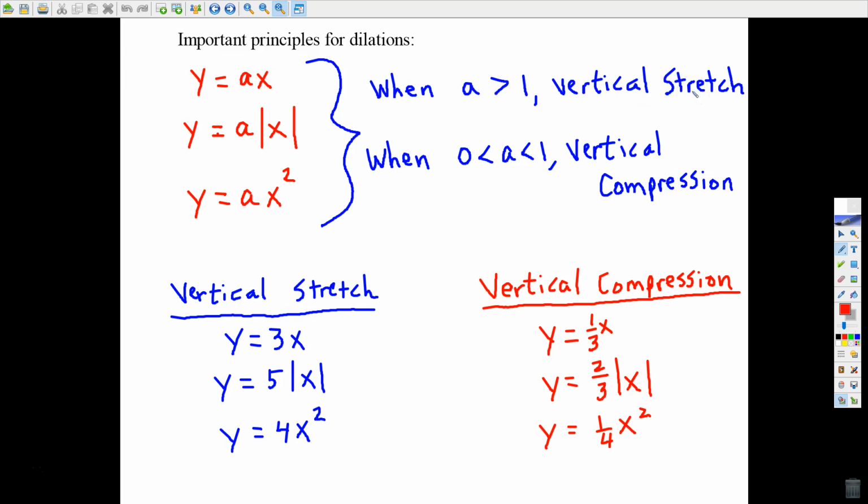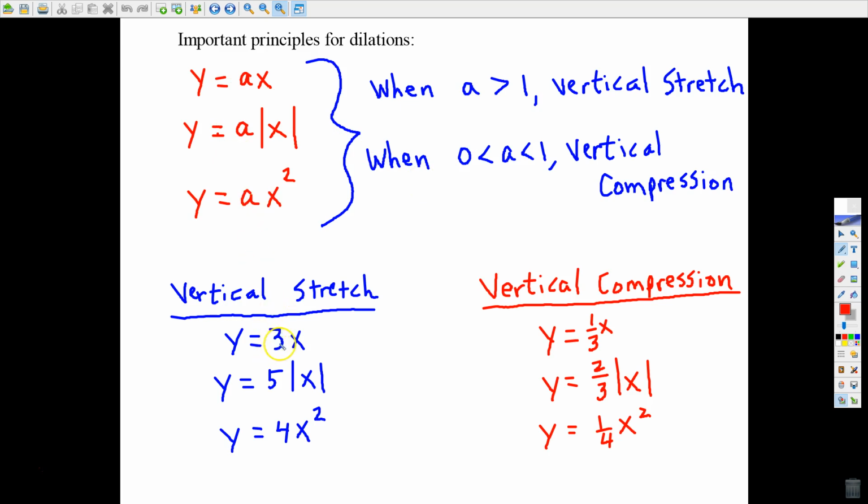You can think of that as taking the top part of a V, for example, and pulling upward toward the positive y-axis, making the V-shape skinnier. That would also be true for a parabola. Just take the top of the parabola and stretch it upward, and that would cause it to become what we would call skinnier.